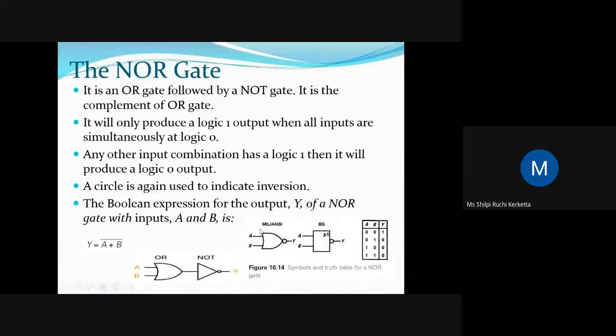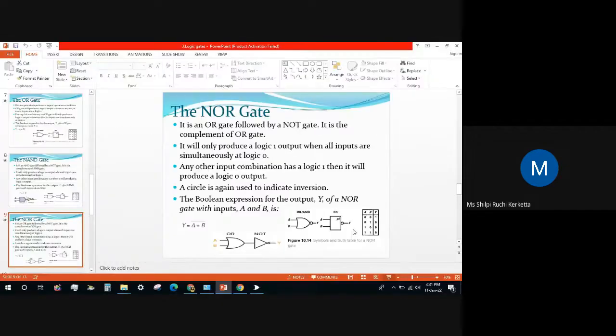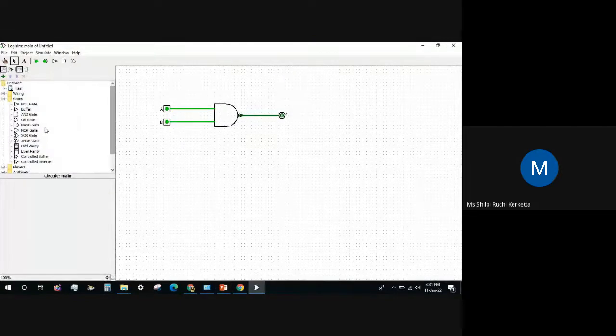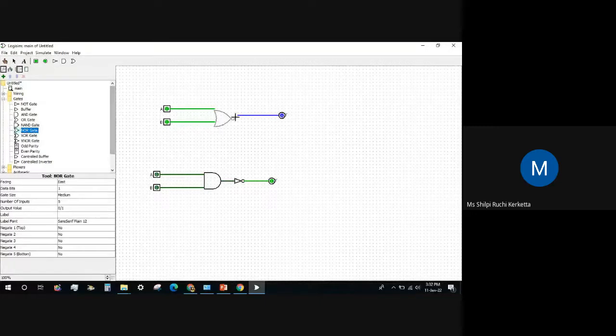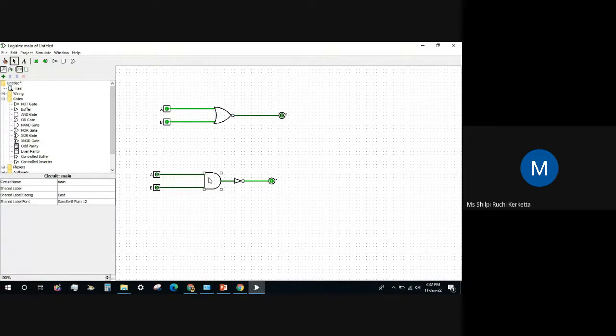This is the symbol of NOR gate. It has an OR gate and a bubble. The bubble means it is a NOT gate, and this is the Boolean symbol. We will do this in Logisim. We will replace this AND gate with a NOR gate, and this AND gate with the OR gate.